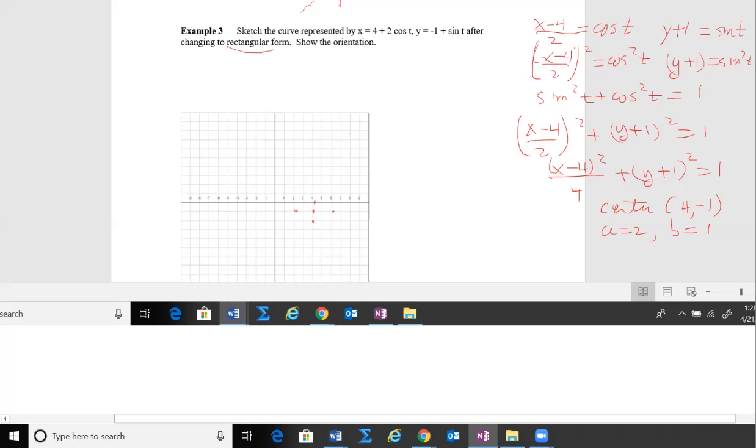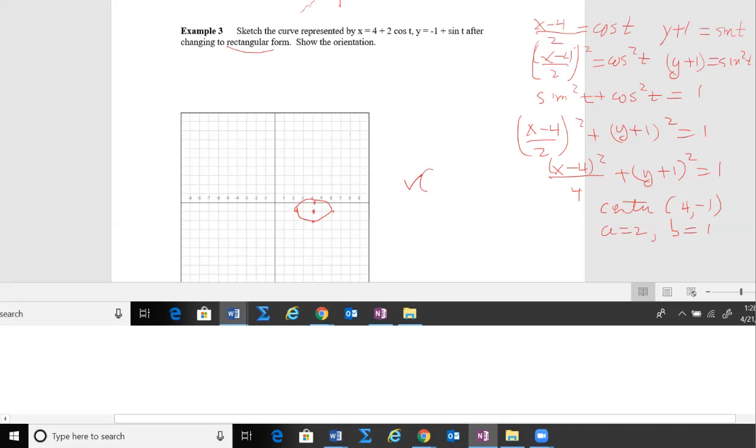And we know it's an ellipse, so we'll just connect the dots there best we can. And if you want, you can also identify some of the other features. So just for sake of review, those vertices are at, what do we have?